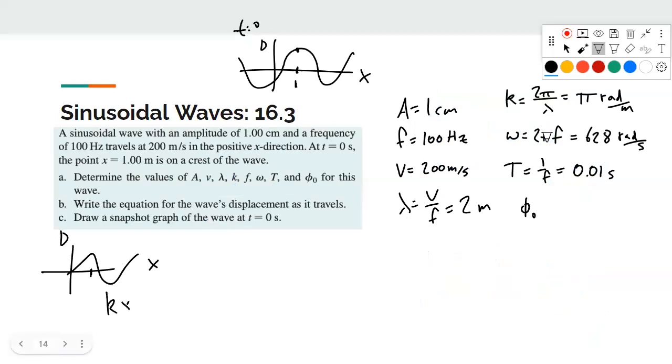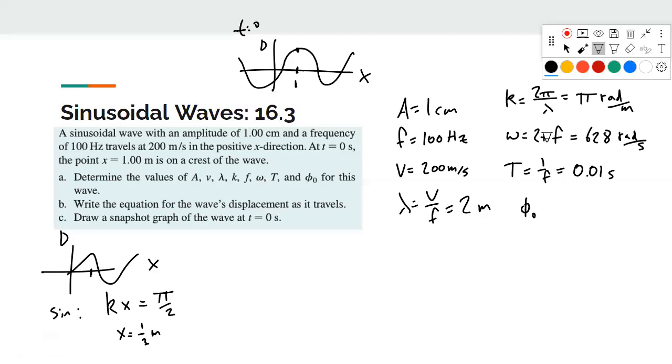So k times x needs to be pi over 2 for the case of just a pure sine wave. And k is this wave number that we already found is just pi. So for a pure sine wave, the first crest would be at 1/2 meters using this formula.